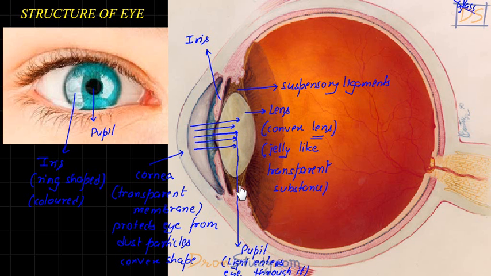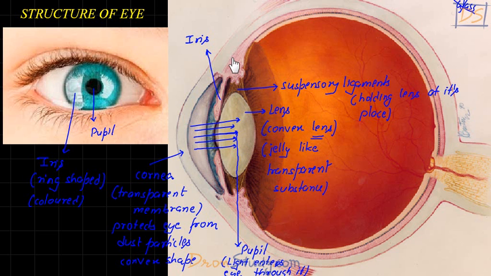You can clearly see that these two suspensory ligaments are holding the lens at its place.